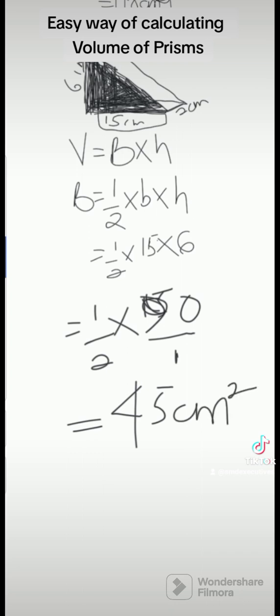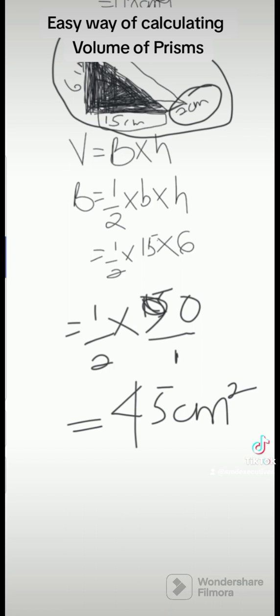Now for the height, what is the height of this shape? The height is this 2 centimeter here. While we're making this triangular part the base, if this figure sits on this triangular part, then it becomes the base. That's why we're using that as a base.